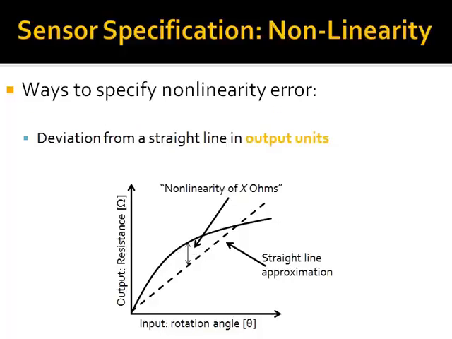Another way to measure the nonlinearity is along the y-axis, the distance between the straight line approximation and the sensor response curve in output units, in this case resistance in ohms.